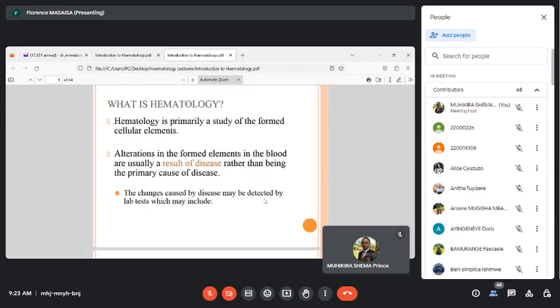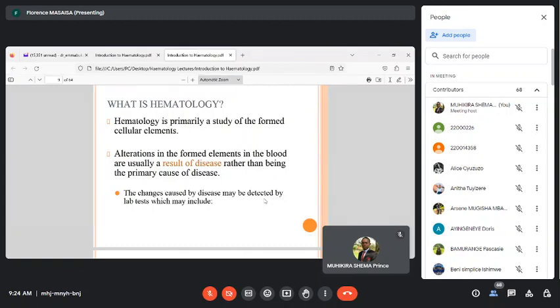So we are going to study the primary elements of blood cells. And we should also understand that the alteration in the blood usually result from the disease, not being the primary cause of the disease, meaning that, for example, the patient may have infection like TB, then he come to you with anemia or raised white cells or decrease of platelets, not because of the diseases from the hematological component, but just it's something secondary to systemic diseases.